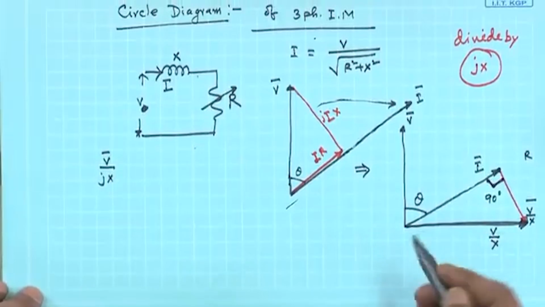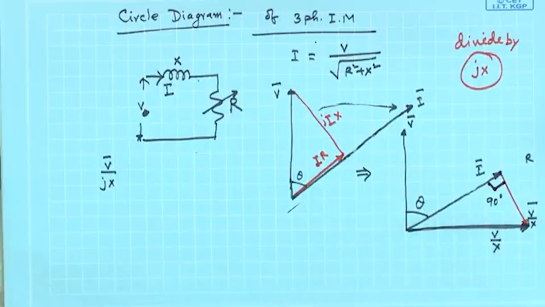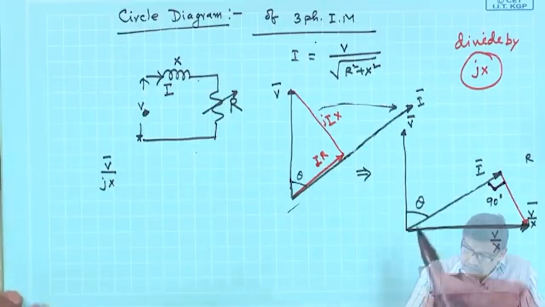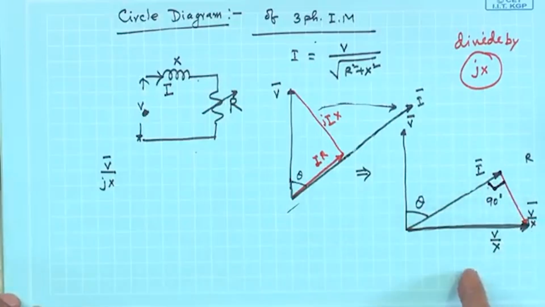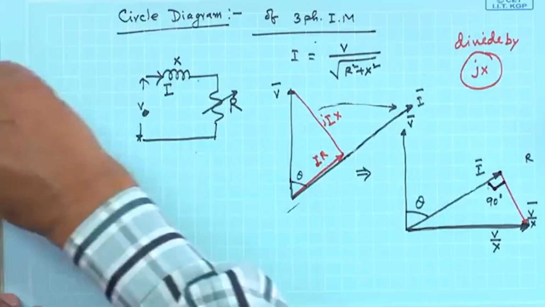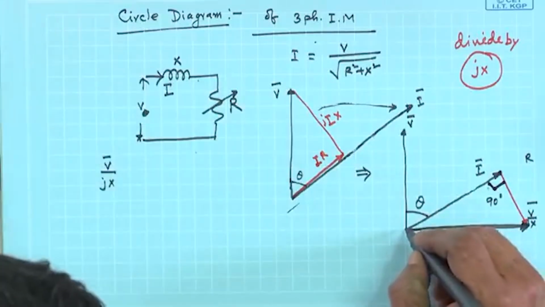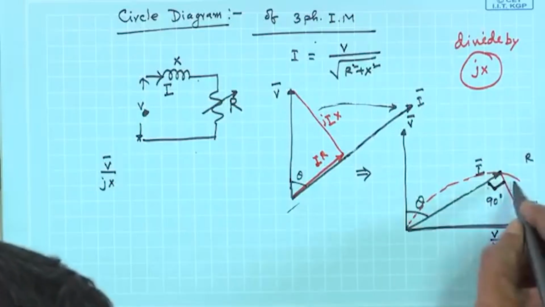Therefore, as you vary r, this will be the diameter of the circle, because on the diameter, any two segments you draw, it has to cast an angle of 90 degrees, no matter where it is. Therefore, the circle diagram for any other value of r, I can say it will lie on this circle.